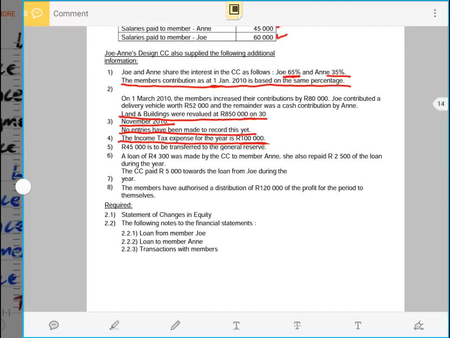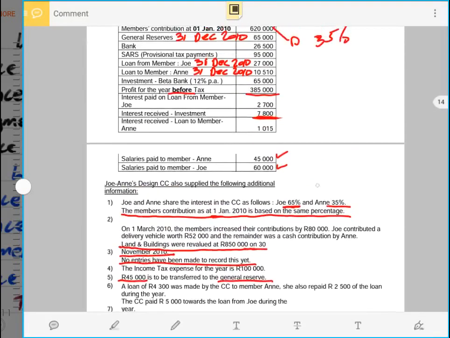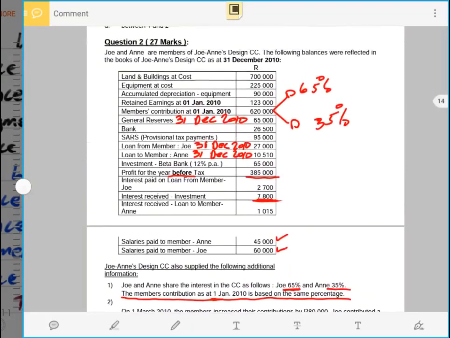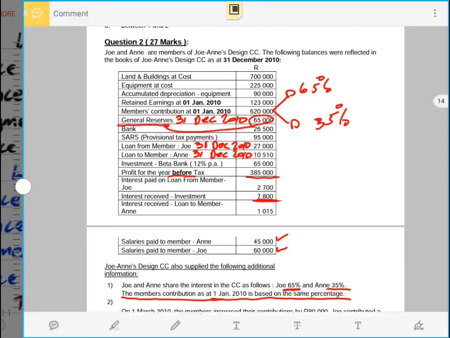Then we have number 5, and number 5 says 45,000 rands is to be transferred to the general reserve account. Now remember, I said that our assumption regarding general reserve is that the general reserve that you see in the trial balance as 65,000 rands is the general reserve at the end of the current year.